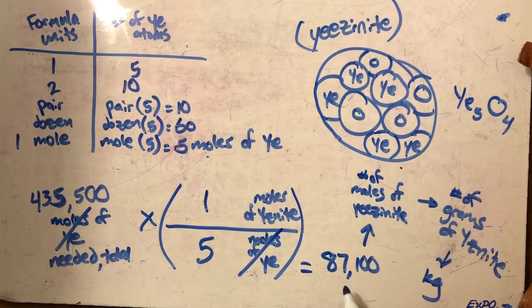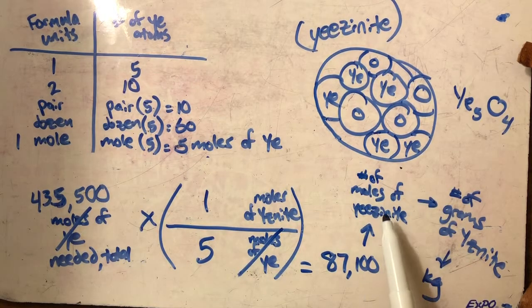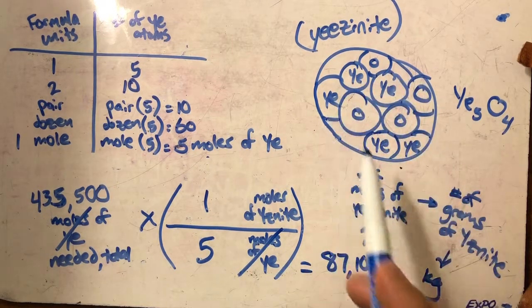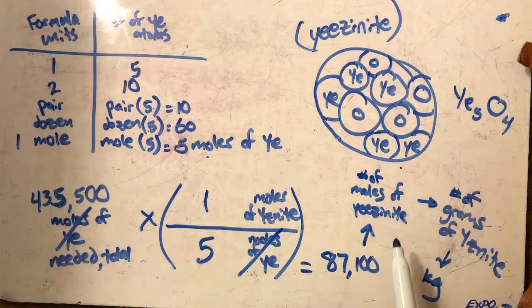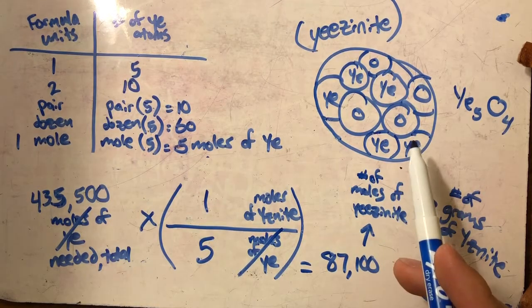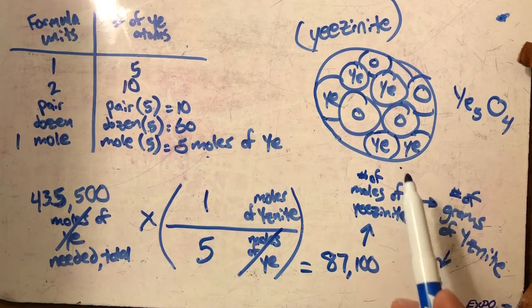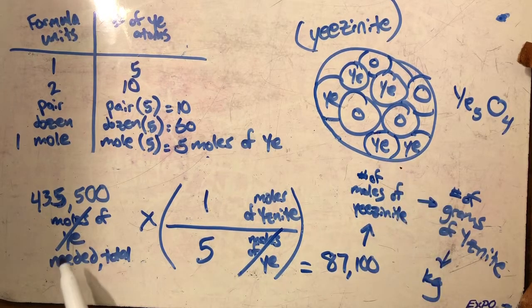So we have 87,100 moles of Yeezinite, which is the number of moles of Yeezinite formula units, the rock, basically, that we need to dig up from underneath Cinderella Castle to be able to eventually produce this amount of yttrium atoms that we need.